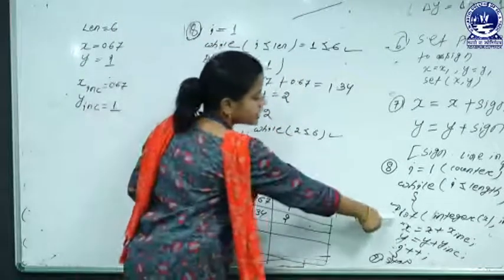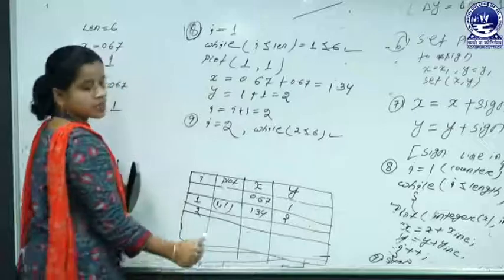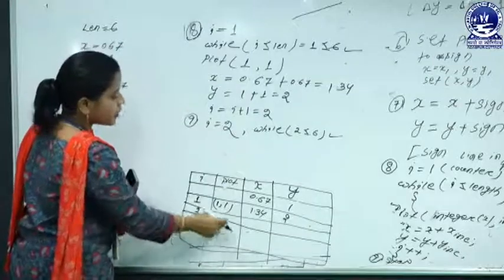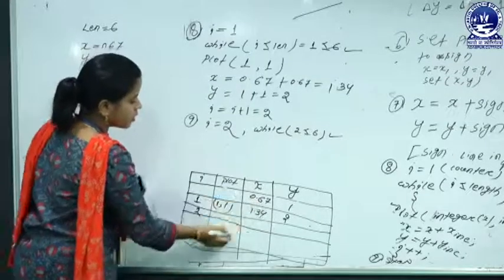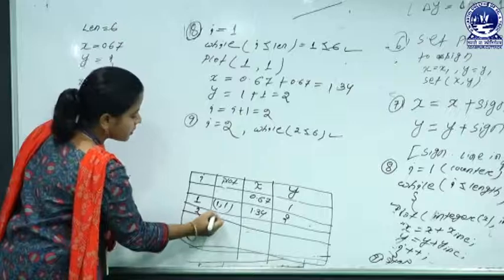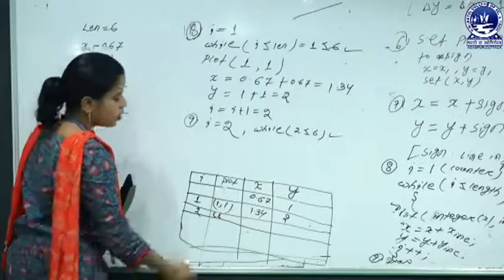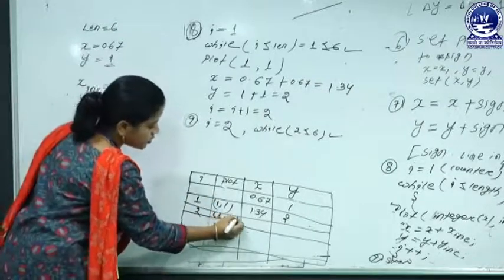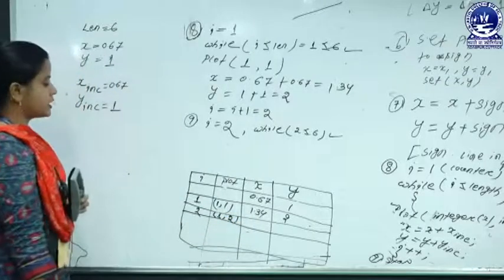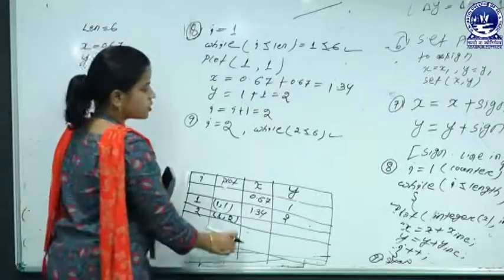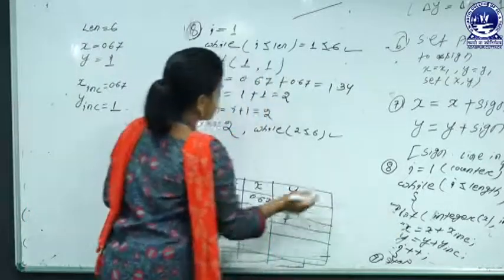So the first statement here is plot integer of x and integer of y. So integer of x, that means using the previous value, here 1.34, when converted to integer format, is again 1. Then the y coordinate value converted to integer format is 2. So now to find the next x coordinate value.